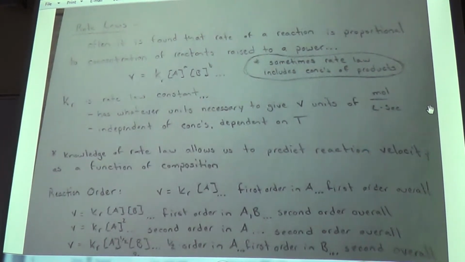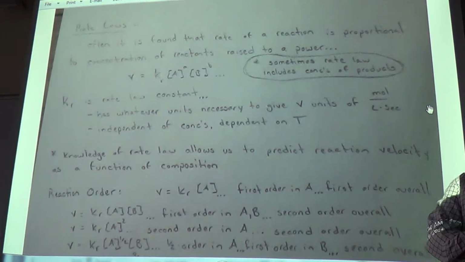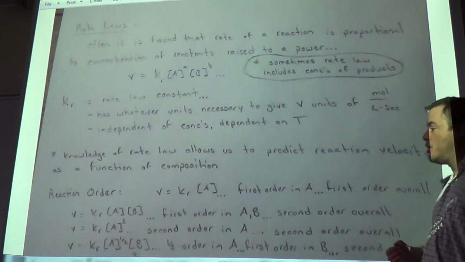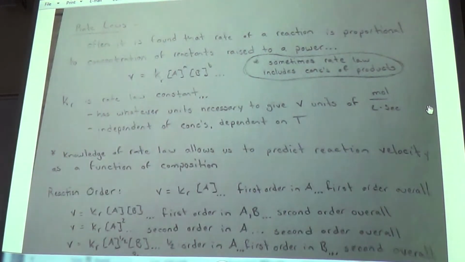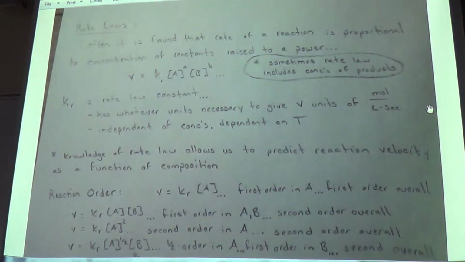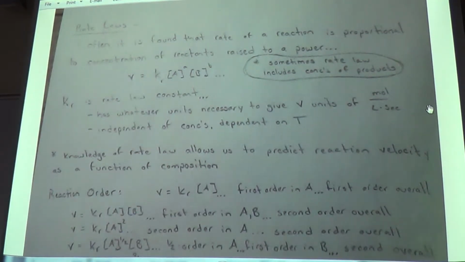You've got a backside attack, but you collide from the front side, you're not going to get a reaction, right? And so the rate that a reaction proceeds at depends on the specific requirements in order for a collision to result in reaction. And so we'll find out that K accounts for the collision dependence on reactivity.